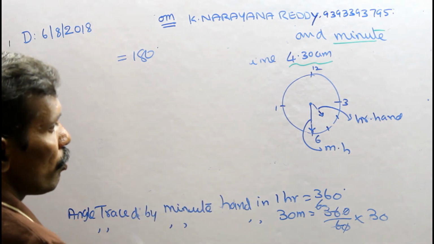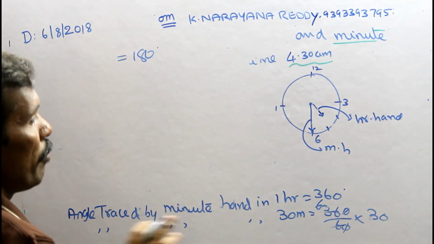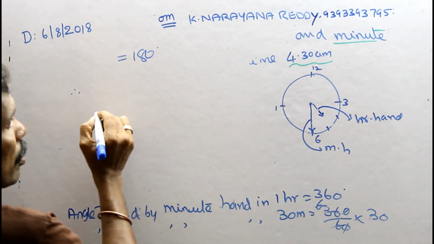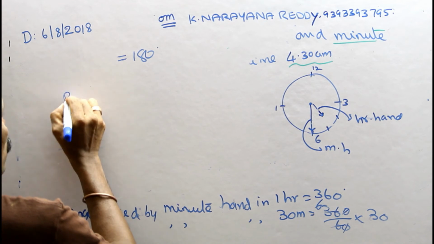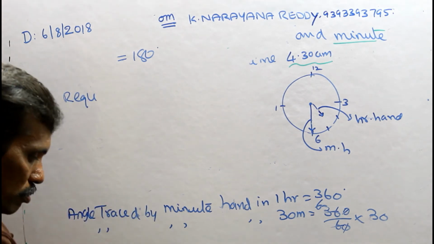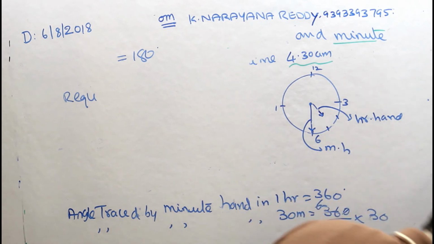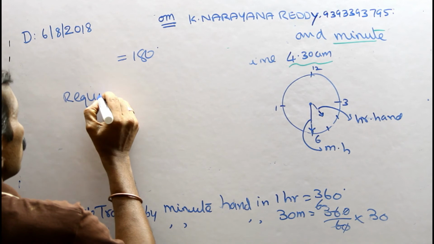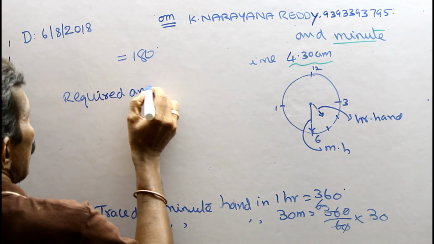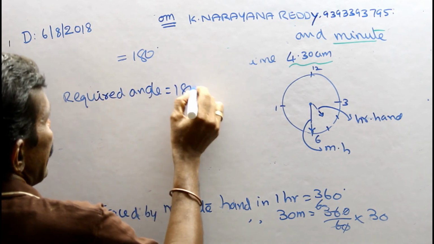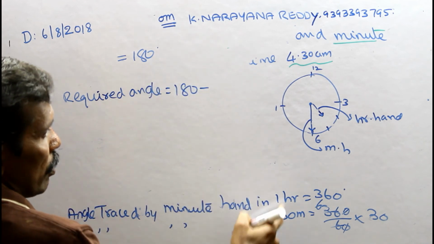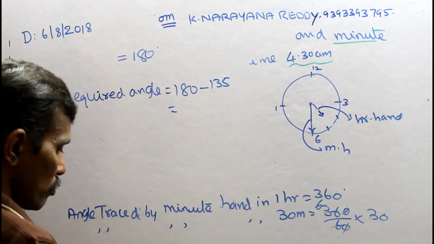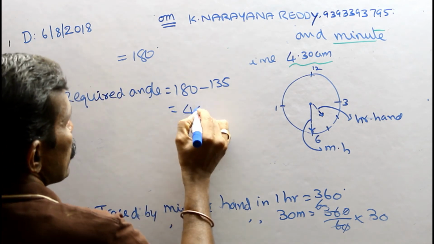Okay. Now, what is the difference between these two? The difference equals the required angle. The required angle equals 180 minus 135, equals 45 degrees.